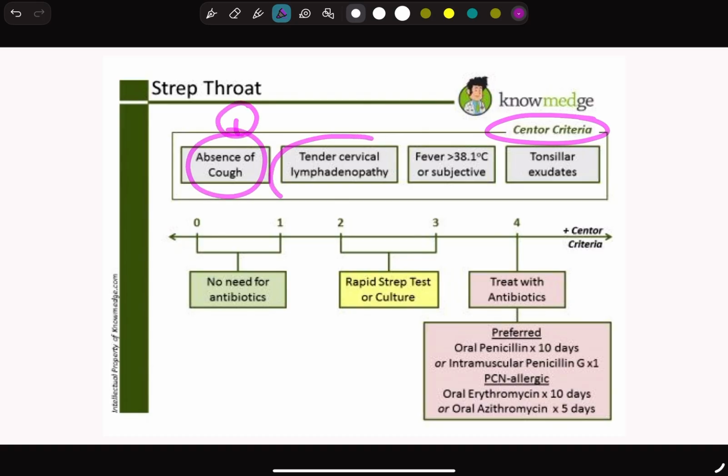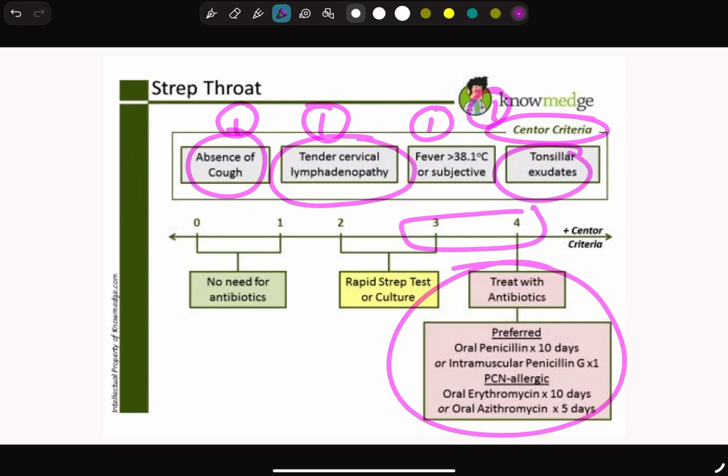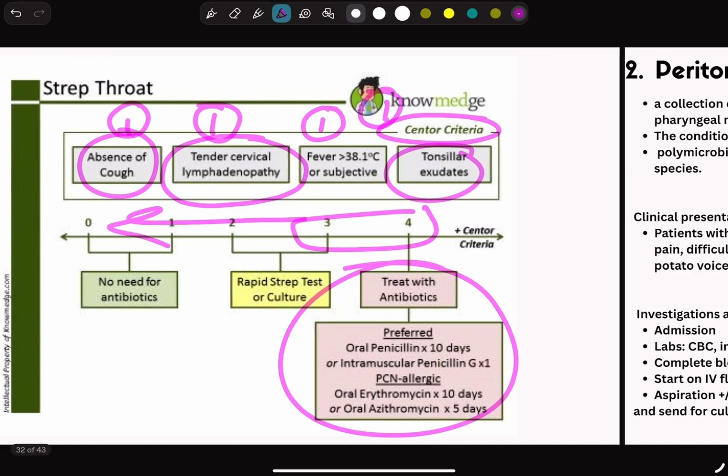If there are tender nodes in the neck, that is 1 point. If the fever, high-grade fever, that's 1 point. And if there are exudates, that's 1 point. So if it's a 3 or 4, then we will start antibiotics usually. And if it's less than that, then we don't actually need antibiotics.